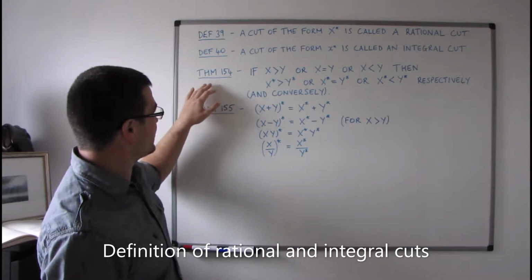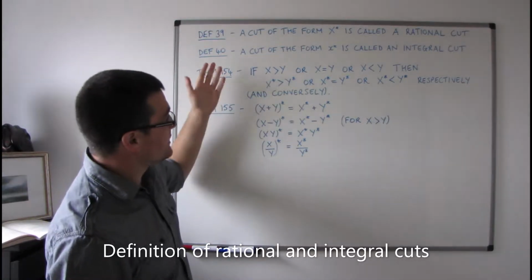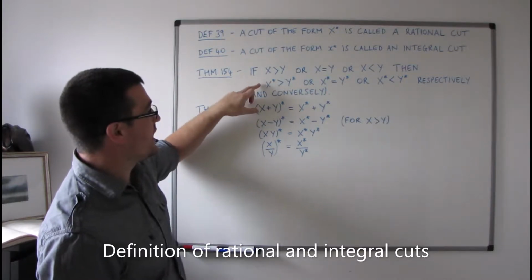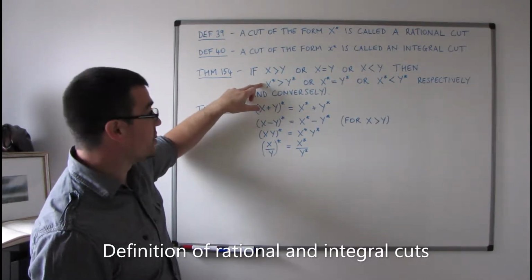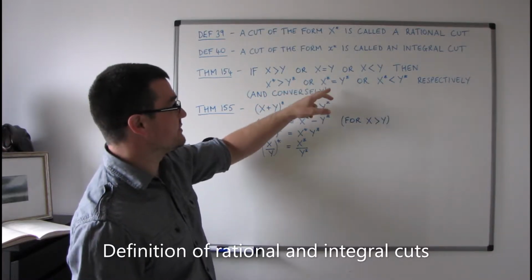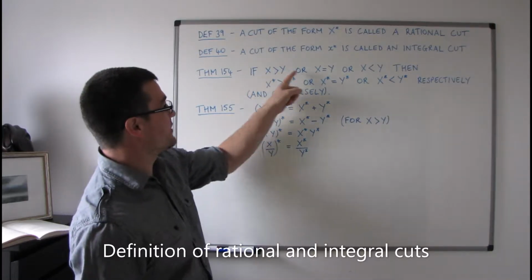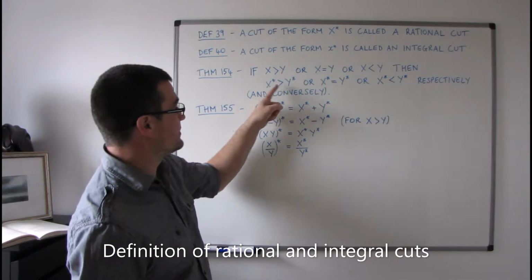Theorem 154 shows that if x is greater than y, then the cut x star is greater than the cut y star. Similarly for x equals y, x star is equal to y star. So here we've got rational numbers and here we've got cuts.